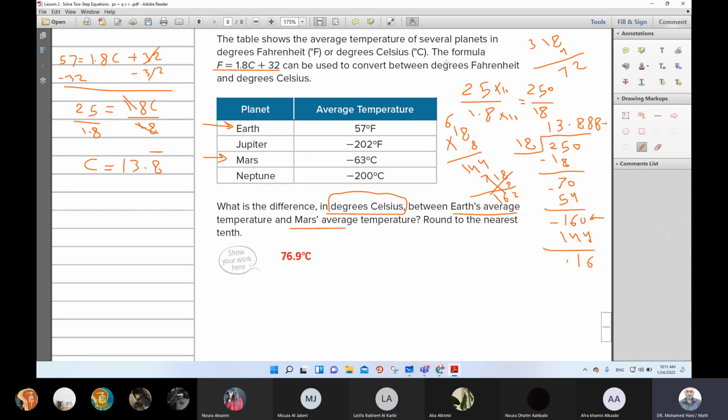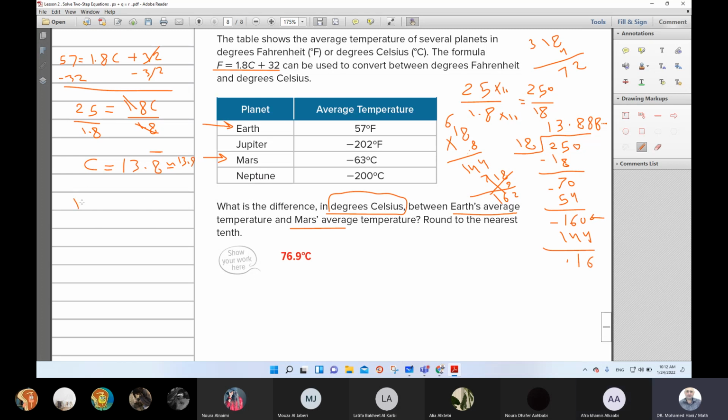Here, as you see, what is the difference between Earth's average temperature and Mars's average temperature? We have the Earth now, about, we can do rounding, 13.8, about 13.9.